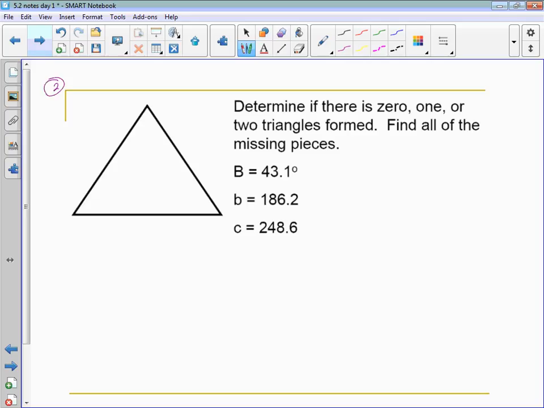This is number 2 today. So jot it down. You're going to have to label your triangle. I will help you do that. I'll let you write the info down first.